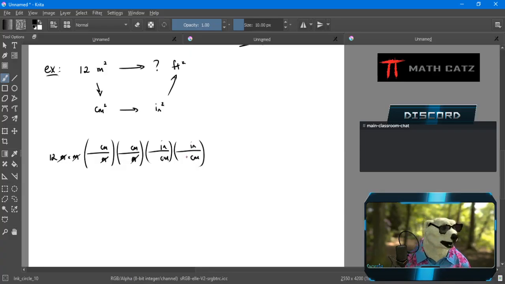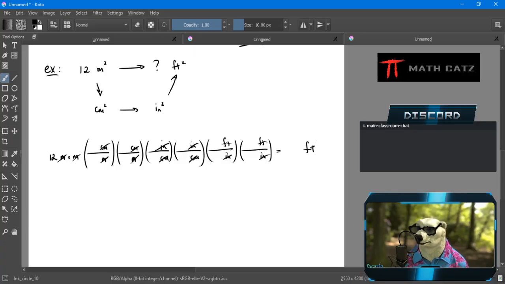So 1 centimeter cancels with that one, 1 centimeter cancels with that one. And then I have to go inches to feet twice. And then I am in the right unit, which would be feet squared.